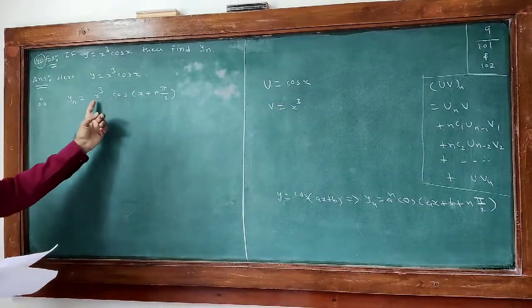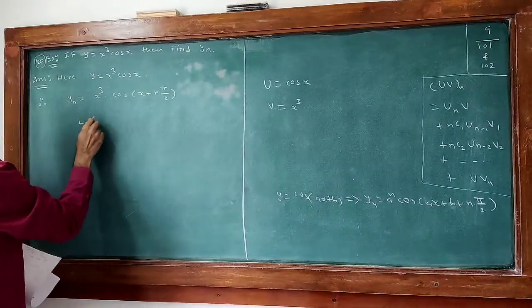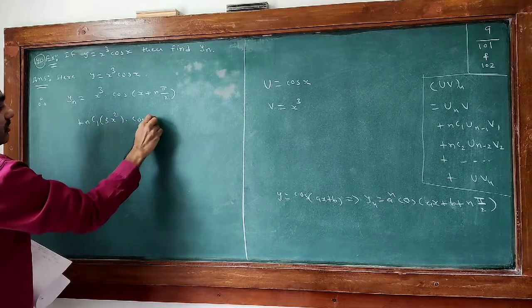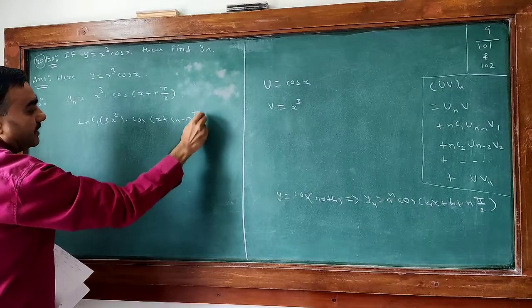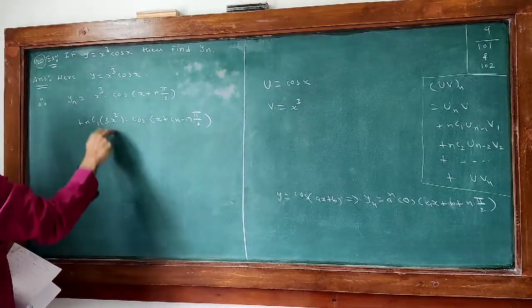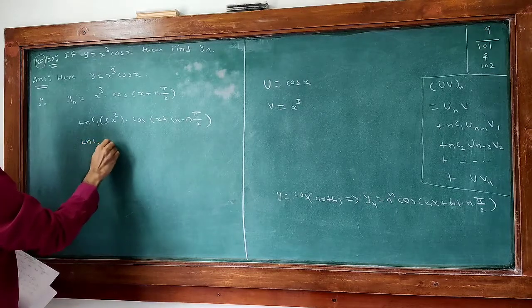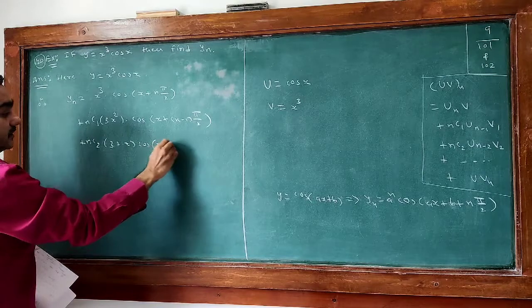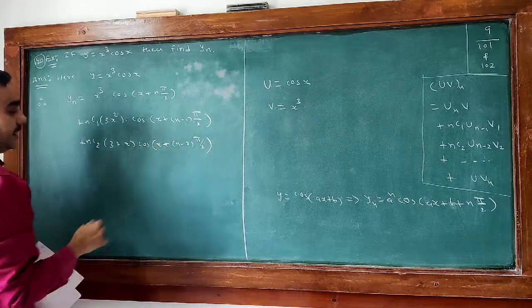and x cube as it is, plus nC1 3x square cos(x + (n minus 1) pi by 2). So first derivation, one derivation less, nC2 cos(x + (n minus 2) pi by 2).